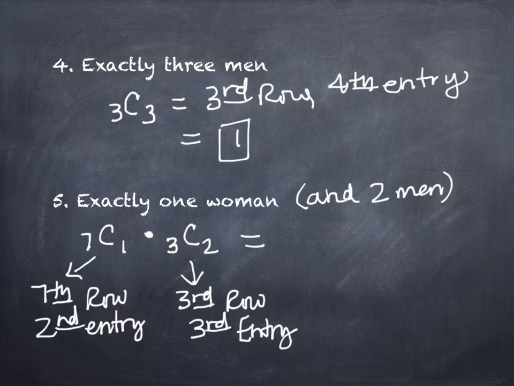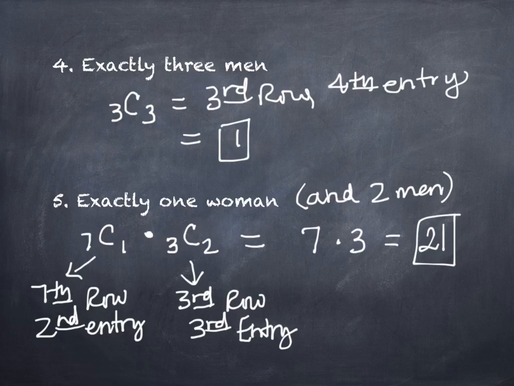All right, let's do both of those. What is the 7th row, 2nd entry? It's a 7. And what is the 3rd row, 3rd entry? It's a 3. 7 times 3 is 21.